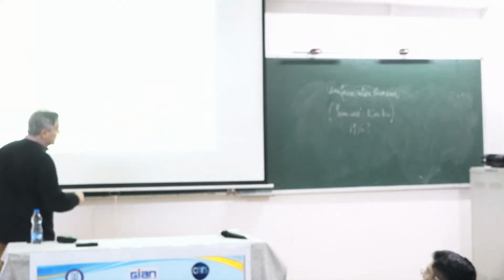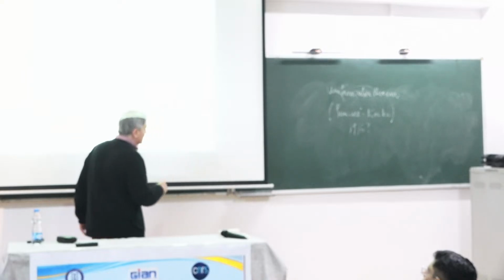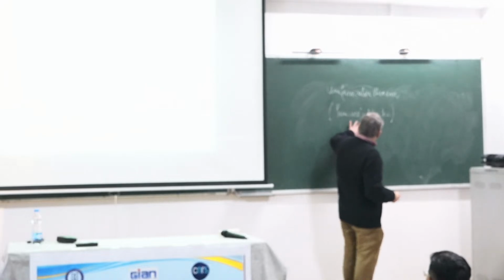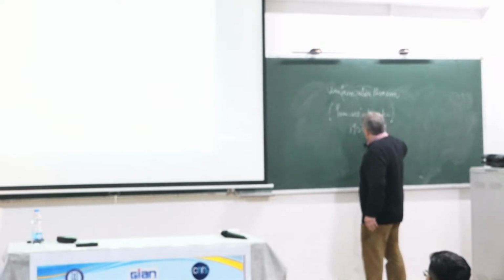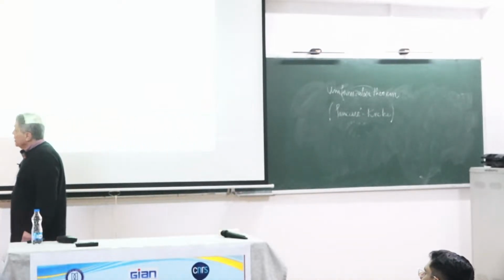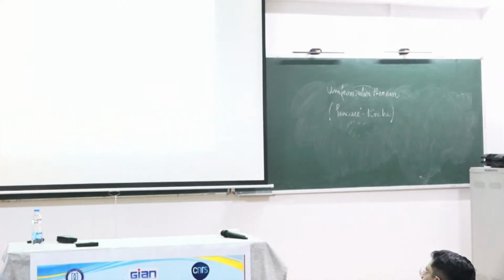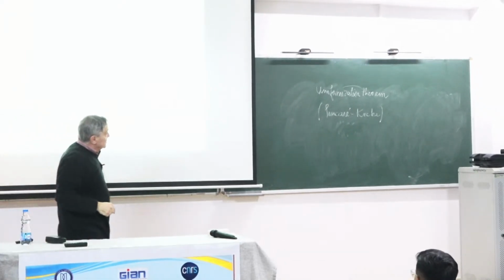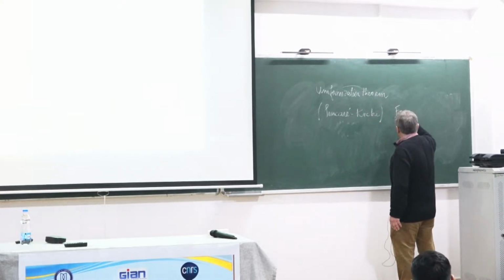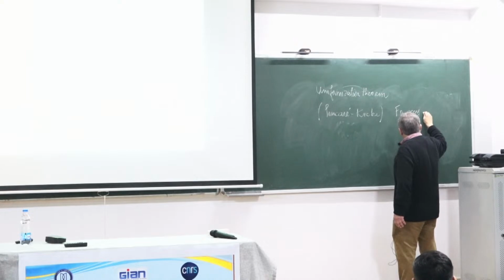I may be wrong because I don't remember dates usually. No, it's not 1916, because it was much before the war, maybe 1907 anyway. Poincaré and Koebe. This is the Riemann mapping theorem. This is Riemann. Riemann is for subsets of the plane, and the Poincaré-Koebe theorem is for any surface, in fact.